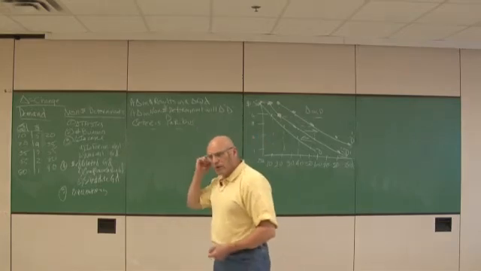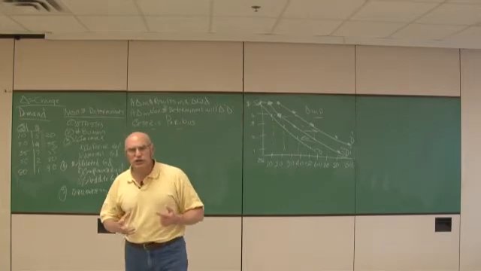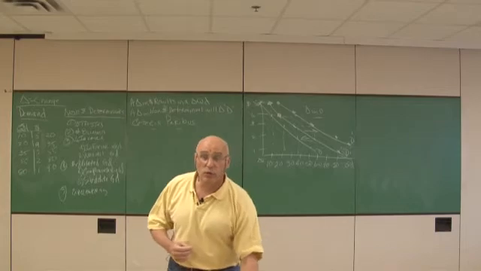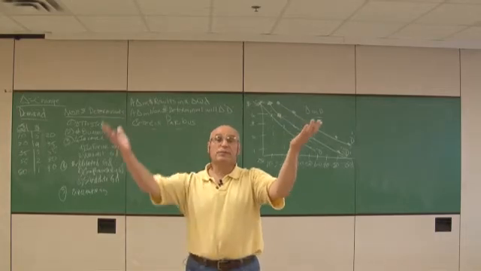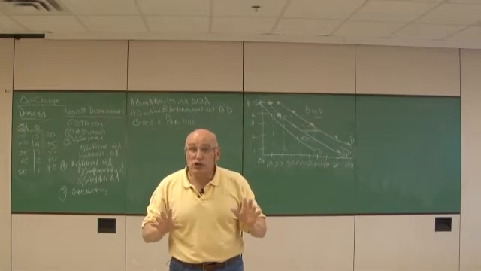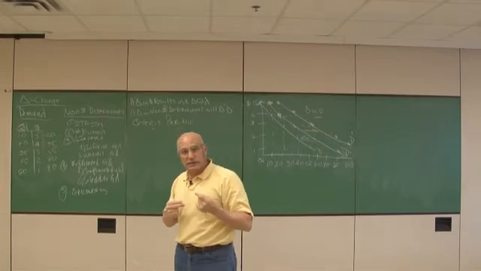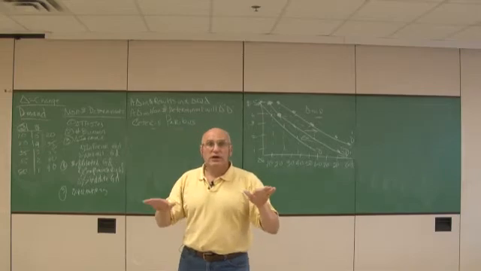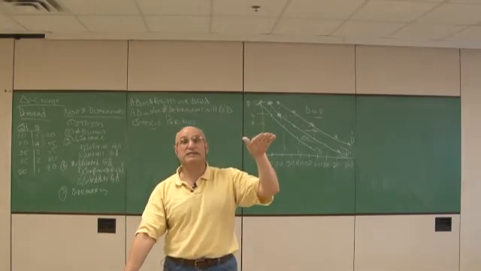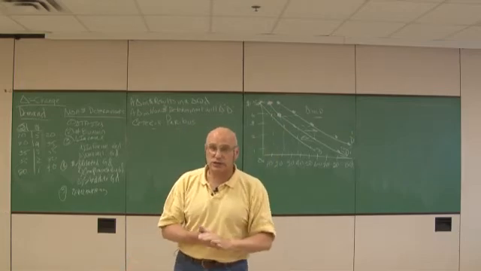The definition of both, very quickly: a normal good is a good whose demand is directly related to income. In other words, your income goes up and the demand for the good goes up. An inferior good has nothing to do with the perception of quality. It has to do with income. If your income goes up, then the demand for the good will go down. It is a negative or an inverse relationship.